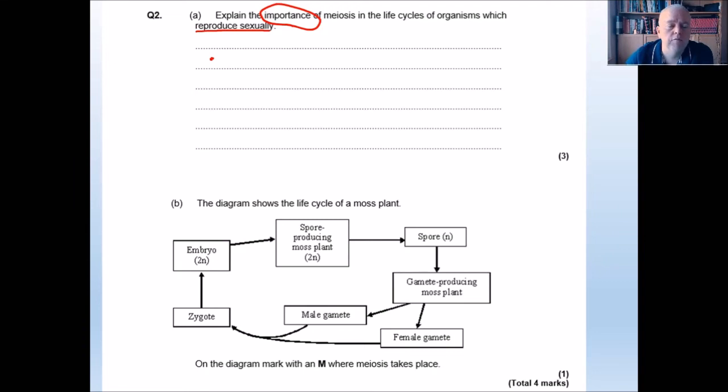An easy thing to say first of all is it's going to produce haploid cells. So we've got producing haploid cells. That's the initial first thing. So we've gone from diploid to haploid. Next thing to think about is, why is that important? So that on fertilization we can return to our diploid number.